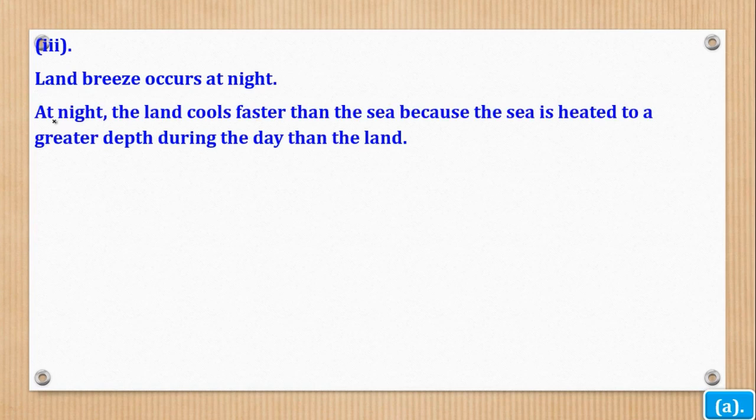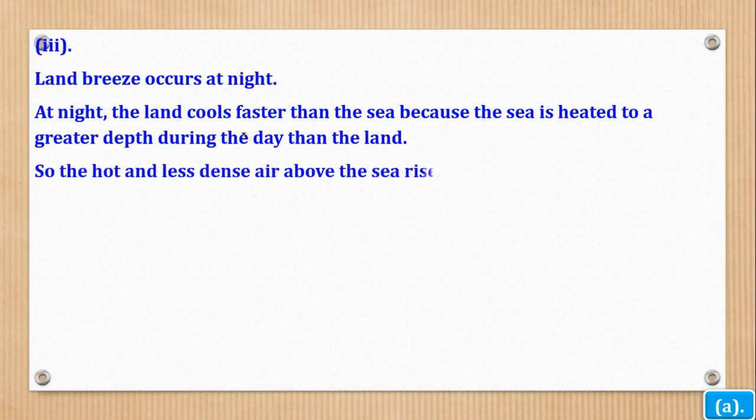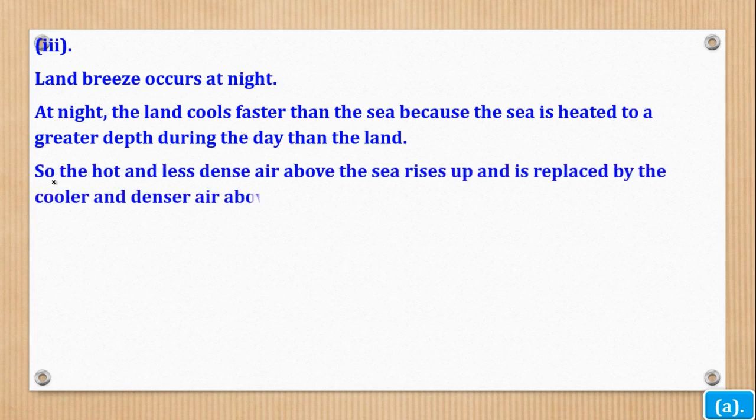Therefore, we shall explain that at night, the land cools faster than the sea. Why? Because the sea is heated to greater depths during the day than the land. As a result, the hot and less dense air above the sea rises up and is replaced by the cooler and denser air above the land. So that was land breeze.